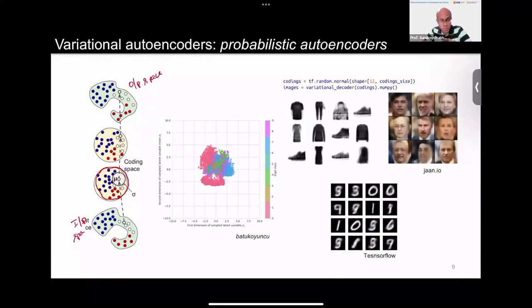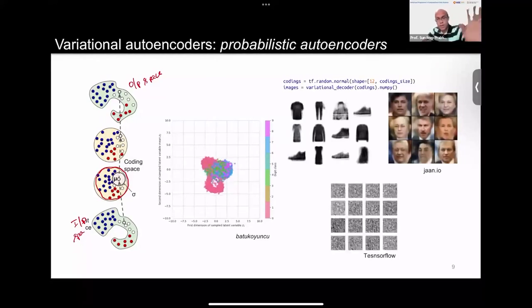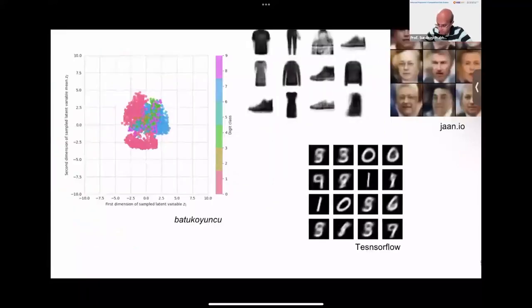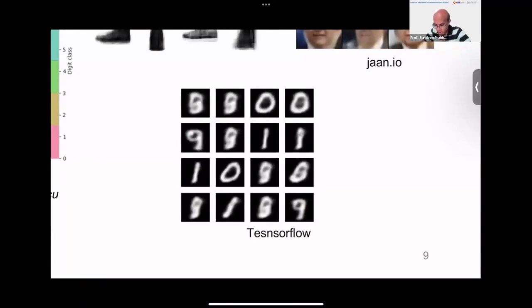I sample those points, and I drive my decoder with that distribution. So the idea is that I get some points in that space. That is what you see in the simulation going on here. This is an illustration of a variational autoencoder using TensorFlow.